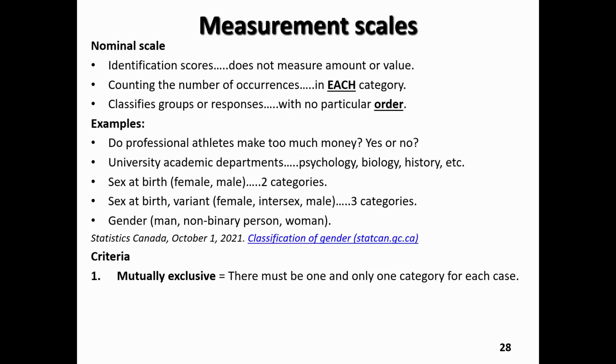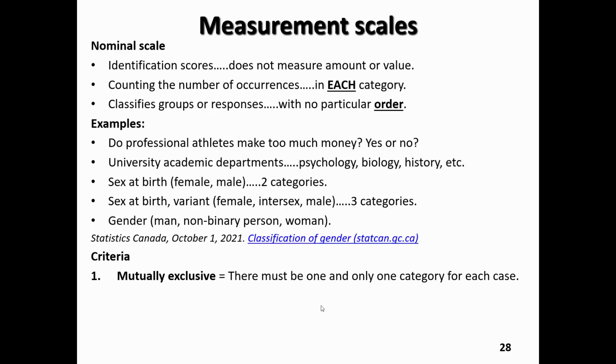Now, if we are to conduct research that would use a nominal scale, there are three criteria that need to be met. First of all, the data must be mutually exclusive, so that one case or one observation can only be applied to one of the categories.